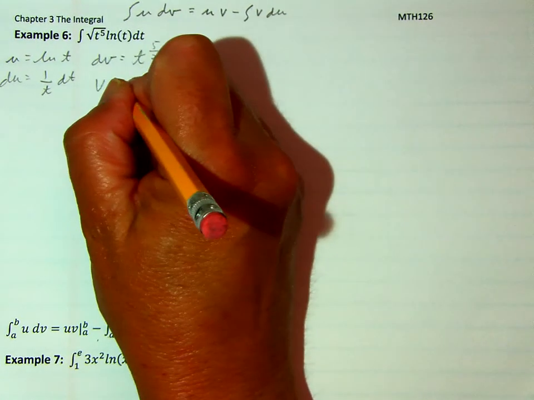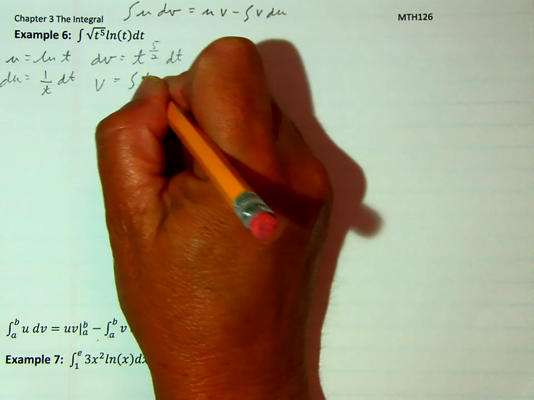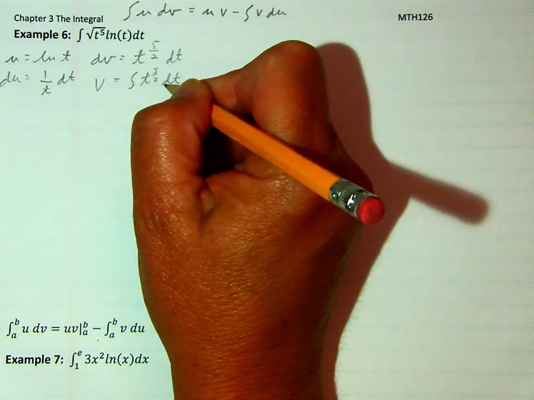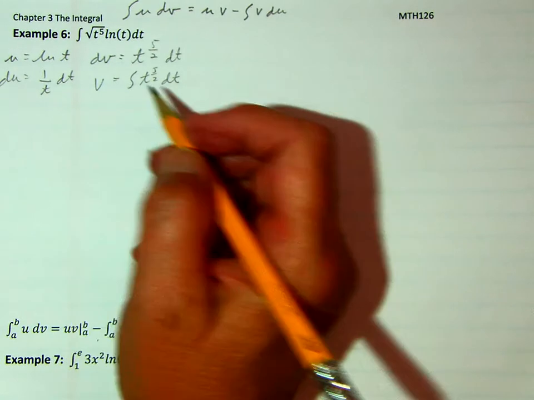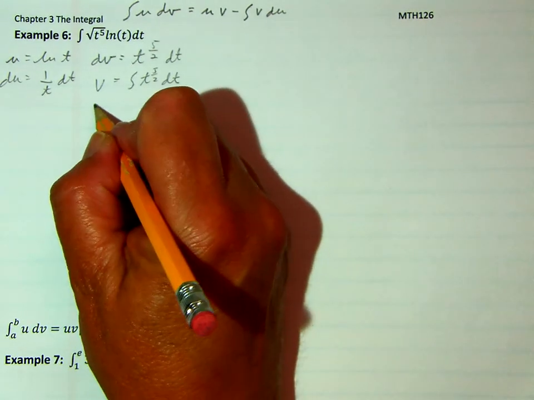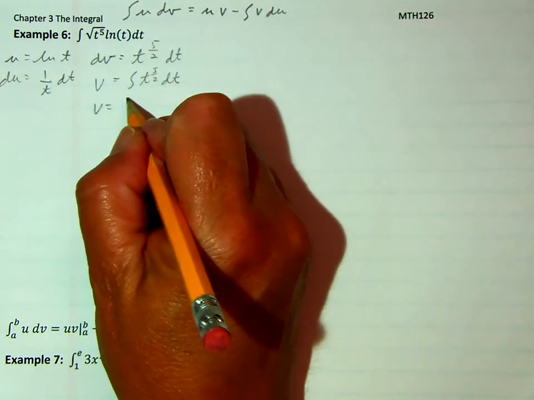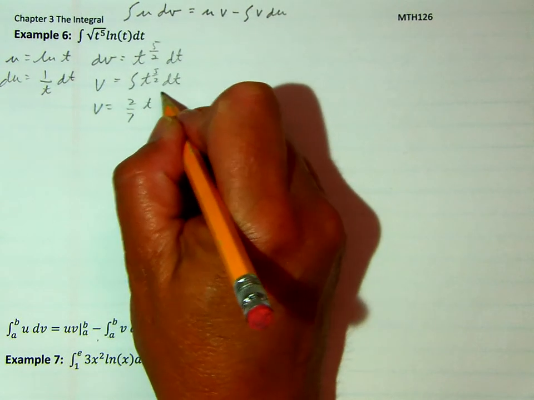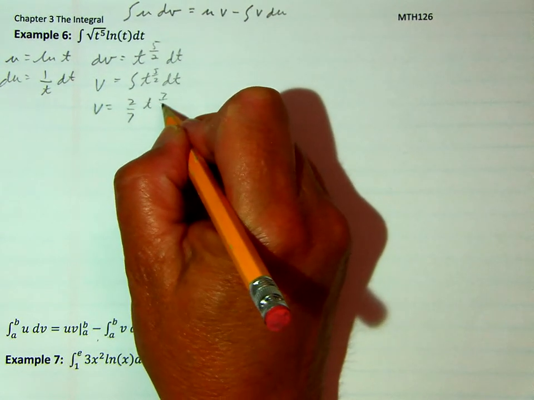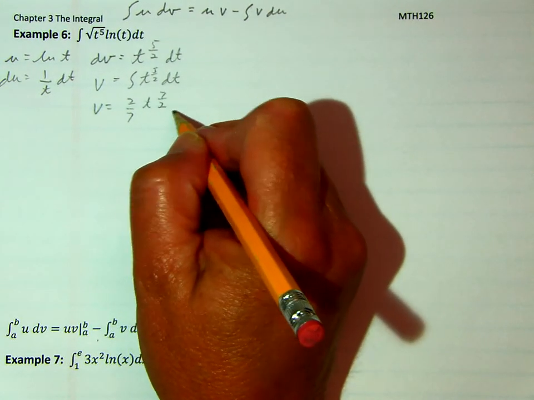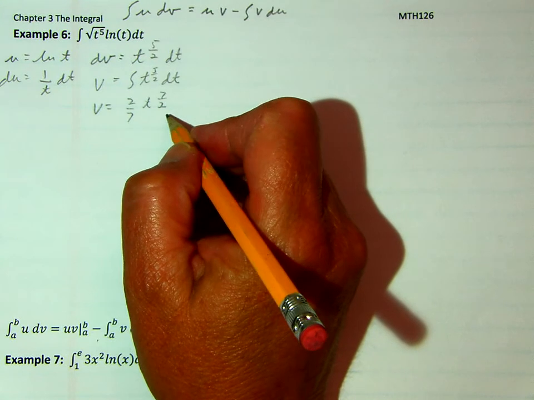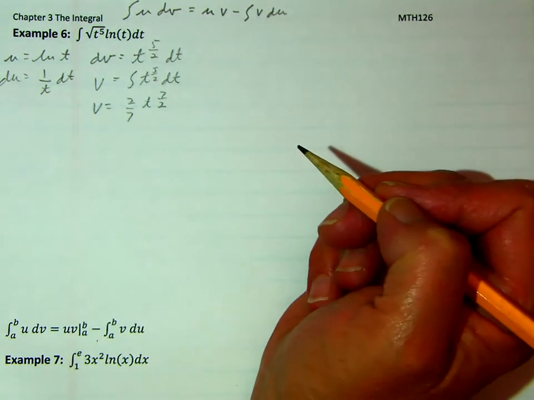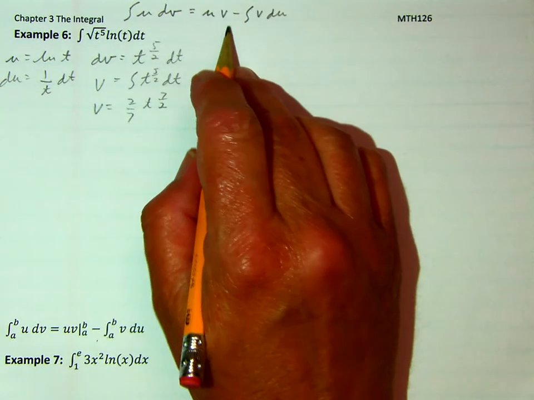So v would be the integral of t to the 5 halves dt. And that would be 2/7 t to the 7 halves plus c, but we'll add that part in when we get to the end. So now I can sub in to my formula up here.